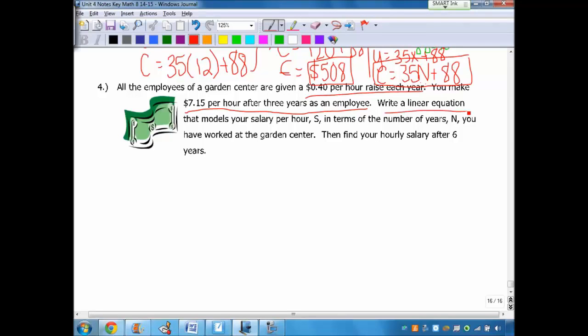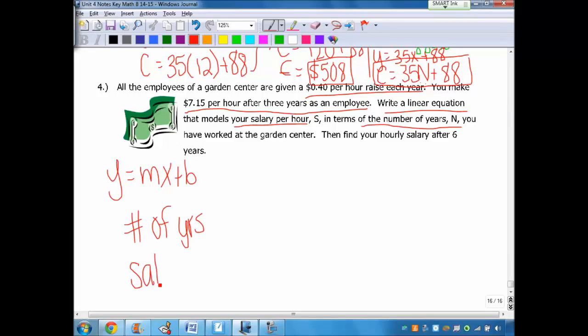So it says write a linear equation, which means that we need to write y equals mx plus b. But we have to define what our variables are. Well, we have the number of years, and we have your salary. So we'll write down number of years, and we have salary. Well, the number of years is going to be our independent variable, because how long you work there will decide how much money you make.